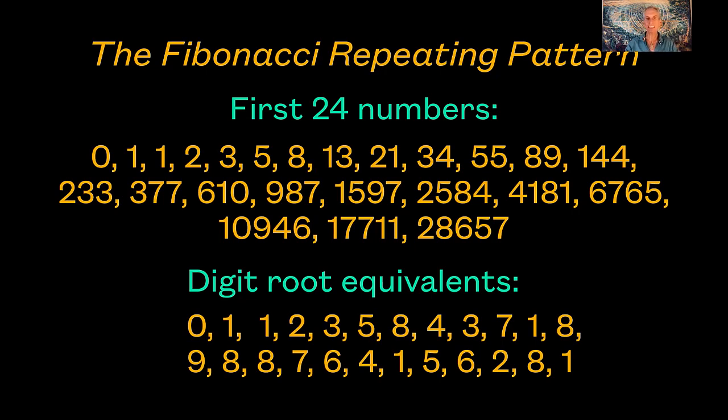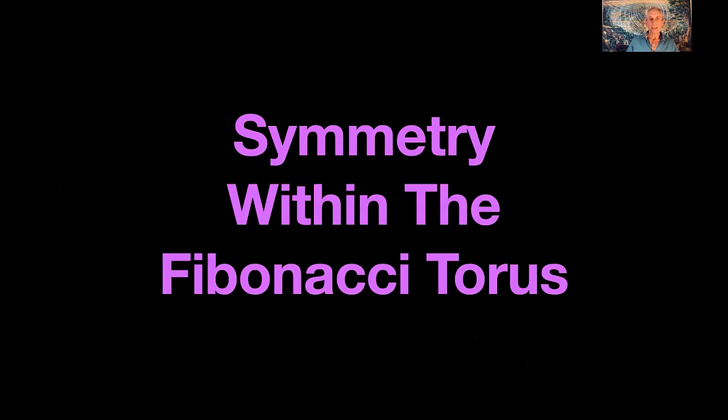So I've simply taken the original 24 numbers at the top, computed their digital equivalents, and organized them into 2 rows of 12. So there turns out to be a very cool symmetry that falls out of this sequence.